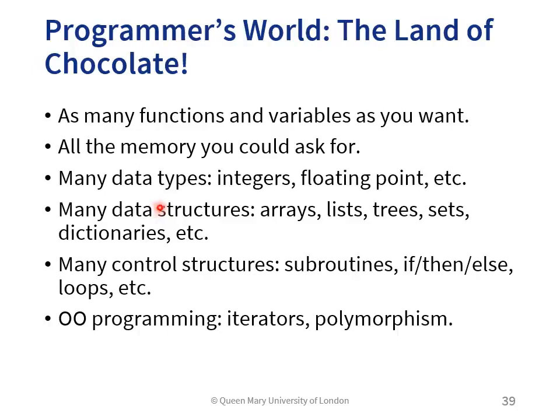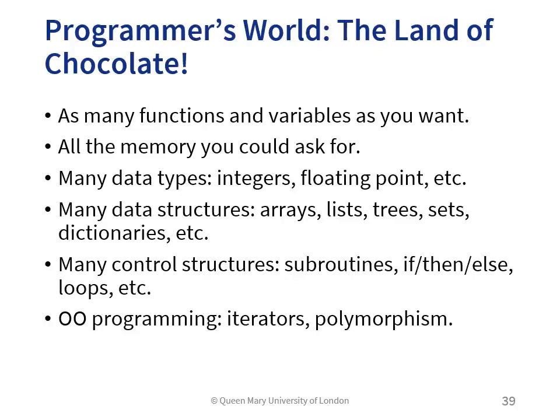In terms of data types, we can declare integers, floating point numbers, strings, using many different kinds of data structures like arrays, lists, trees, sets, dictionaries, just to name a few. In terms of control structures, we can write functions, subroutines, if-then-else, loops, not to mention some more complicated object-oriented programming skills like iterators or polymorphism.